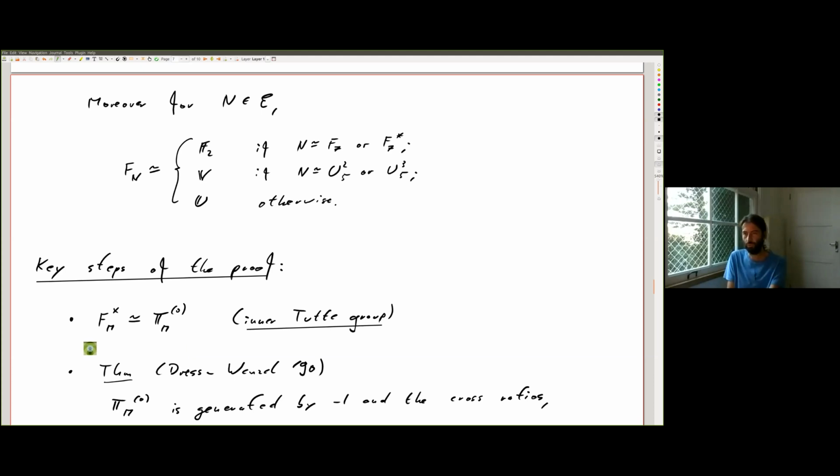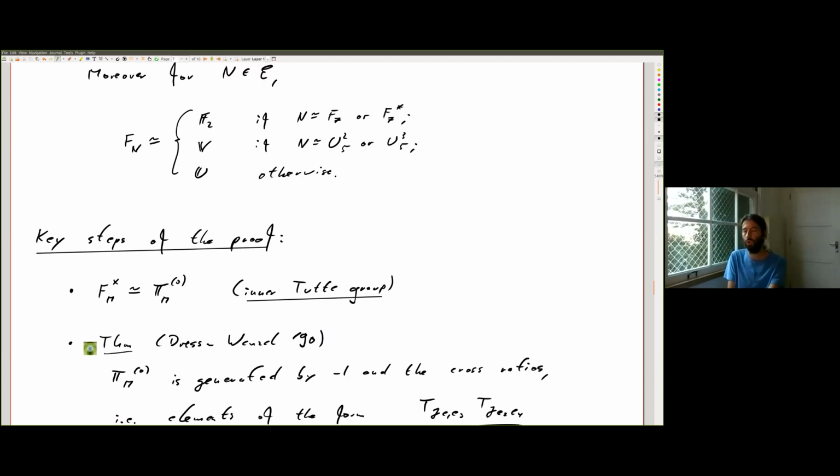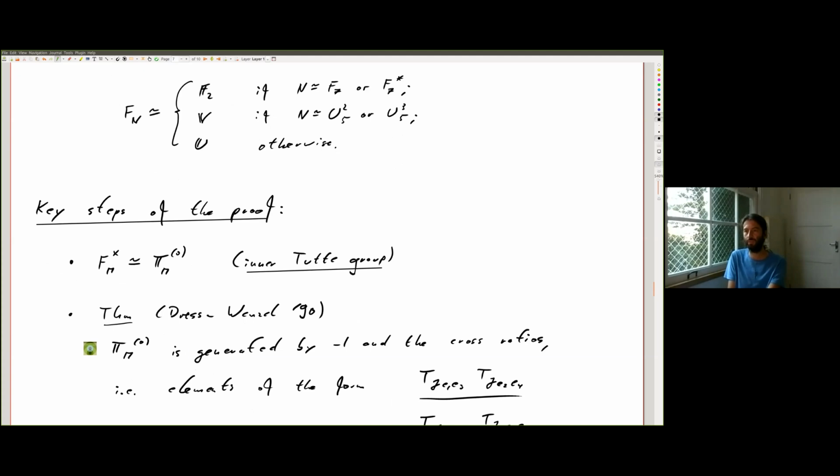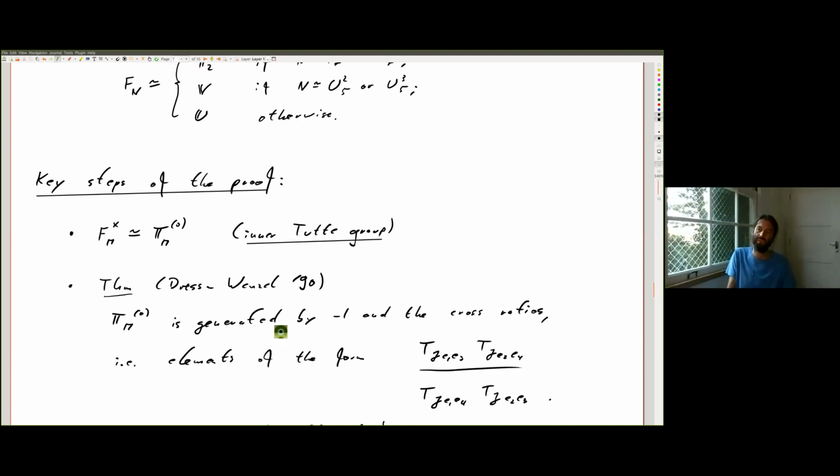Then the first non-trivial result is the observation by Dress and Wenzel that the inner Tutte group is generated by the cross ratios, maybe together with -1, if it's not in the span of the cross ratios. So cross ratios are terms of the form T(E1,E3)T(E2,E4), modulo the same terms where we switch 3 and 4.